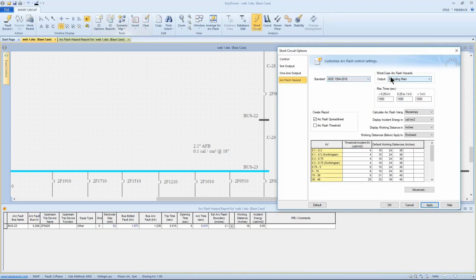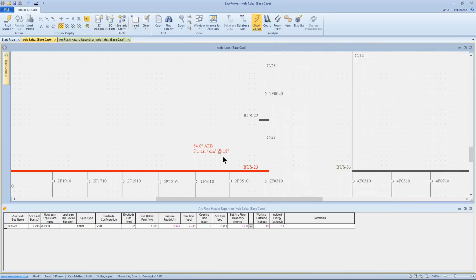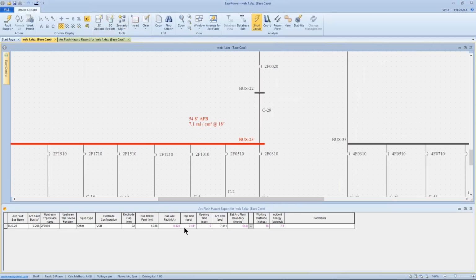So back into 2018, exclude the main. We want to make sure we're using the integrated method, and we apply, and we get the 7 calorie exposure. With this case, the trip time is 7 seconds.